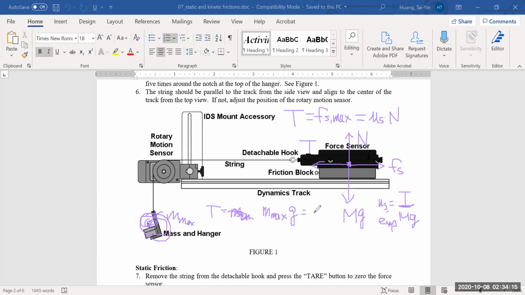So you have the mu s times N, and your N is capital Mg.